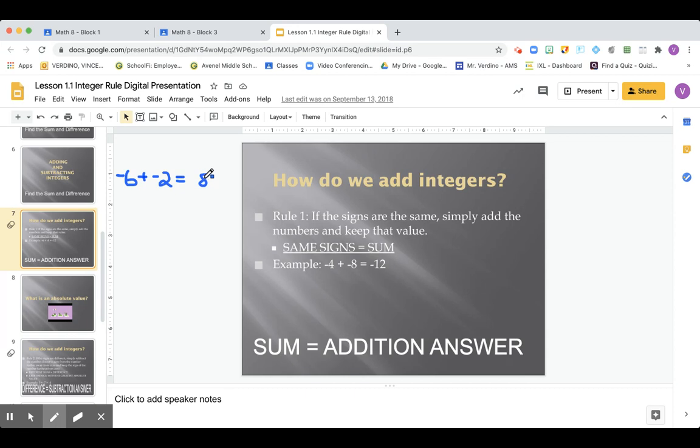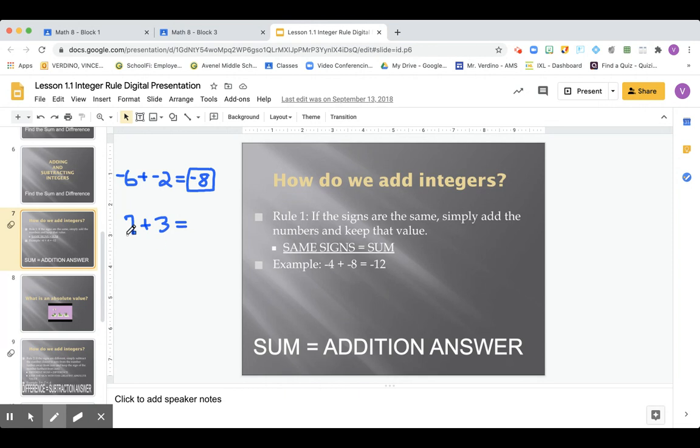Now, how do I know if it's negative or positive? If they both have the same sign, you want to keep that sign. Think of money. If you owe me $6 and then you owe me another $2, you will owe me in total $8. Now, if you had +7 plus +3, these are a little more straightforward.